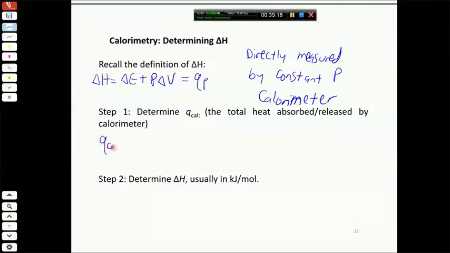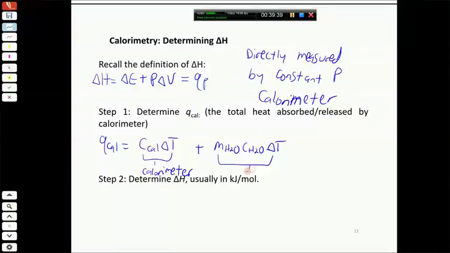The heat for the calorimeter is just equal to the heat capacity of the calorimeter times delta T. This is the fraction that's absorbed by the calorimeter itself, plus the amount of water that's in the calorimeter times its heat capacity times delta T. As we said, there's two possible terms there that we need to calculate Q for the calorimeter, and depending on the information in the problem, we use one of these two or both of these together.